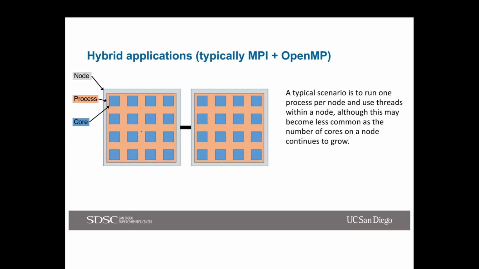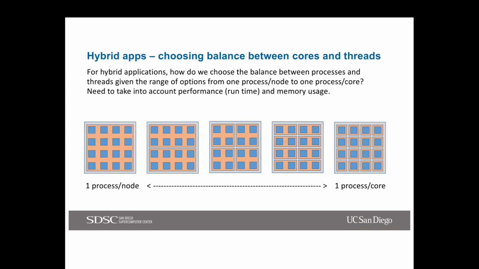This second example here is showing that you could run a single process per node and all threads across the cores, or any combination somewhere in between, going from one process per core to one process per node, with all of the different ways to slice and dice the CPU cores amongst the threads and processes. Which one of these is the most efficient for your application and the actual hardware that you're using is something that you would have to figure out.